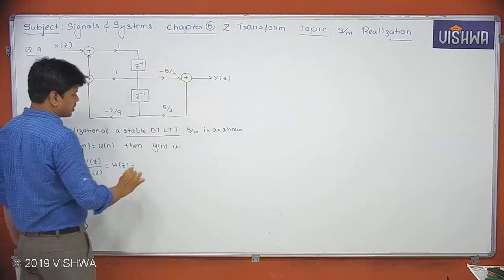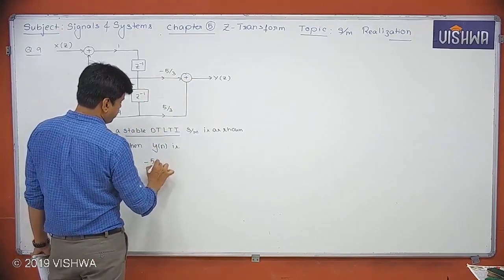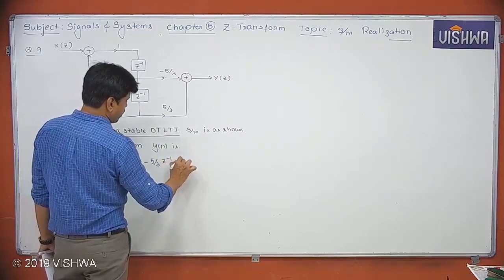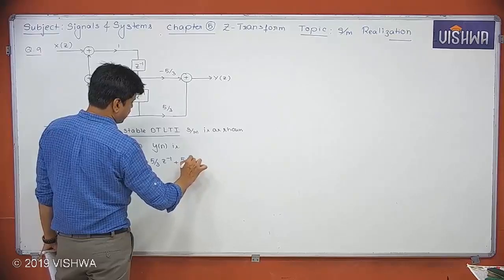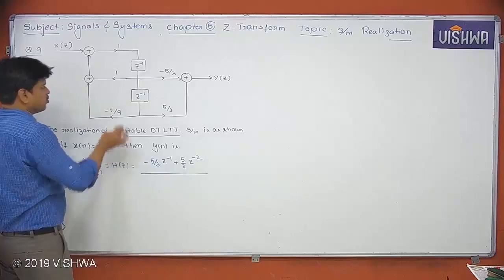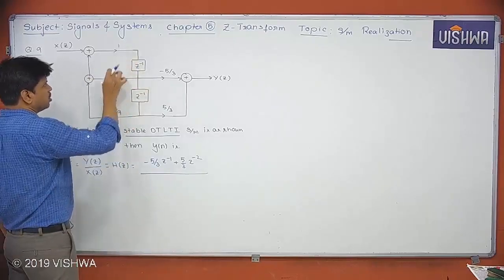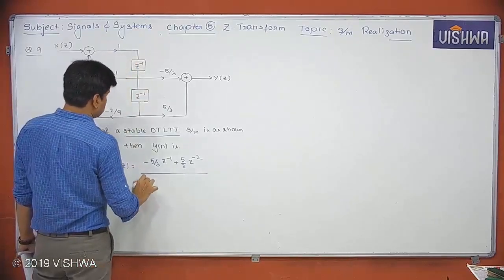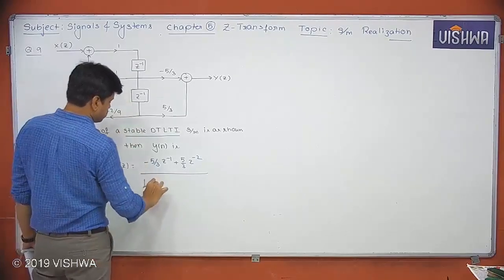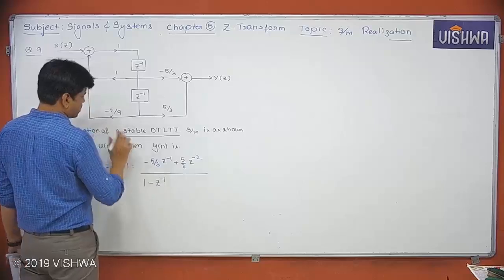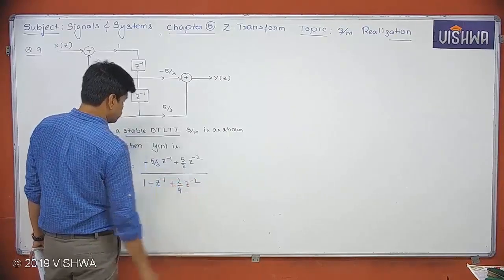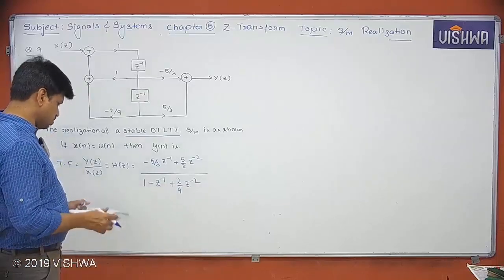So it is minus 5 by 3 z inverse plus 5 by 3 z power minus 2, divided by the feedback block. Here the forward path is 1. Because it is a reverse path, we have to take 1 minus z inverse plus 2 by 9 z power minus 2. So this is the h of z we got.